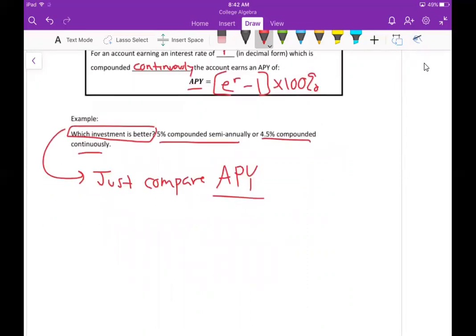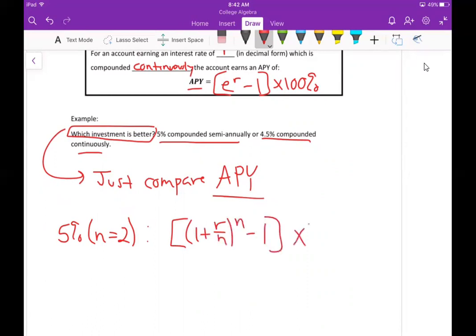We're going to get one more practice here with APY and using APY to compare investments. So the first account was 5% where n equaled 2. Because I have an n value here, I am using the growth factor from my compounding accounts: 1 plus r over n to the n power, subtract 1 and multiply by 100%.